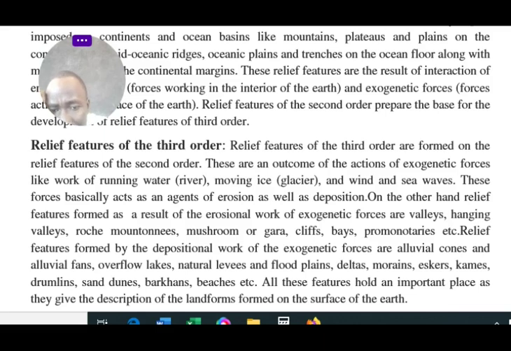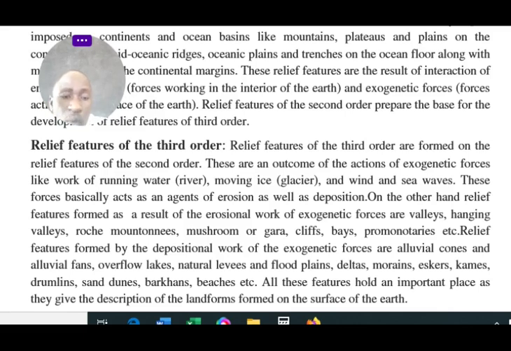In the erosional work of exogenic forces, we have valleys, or hanging valleys. Talk about mushrooms, then cliffs, bays, and the other landforms that may come from wave erosion.